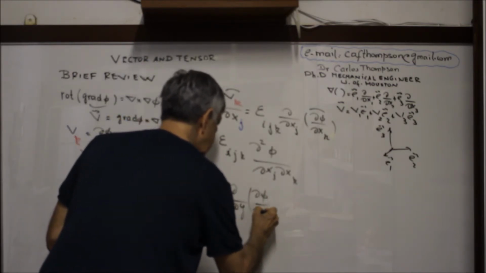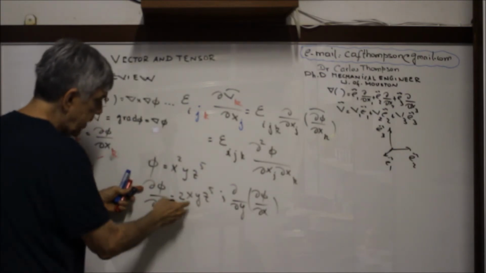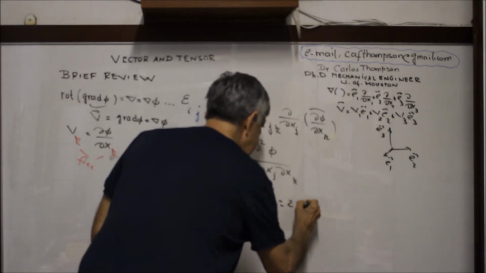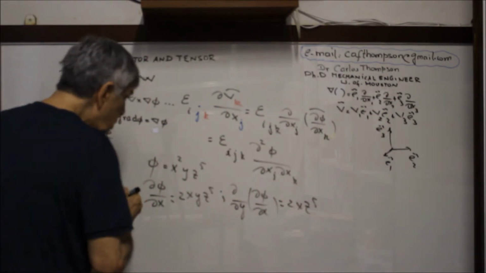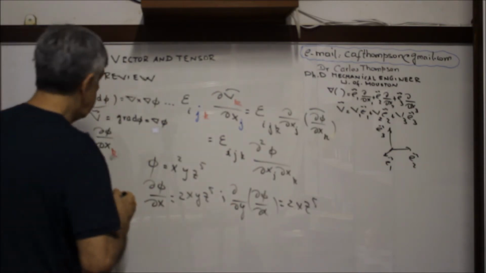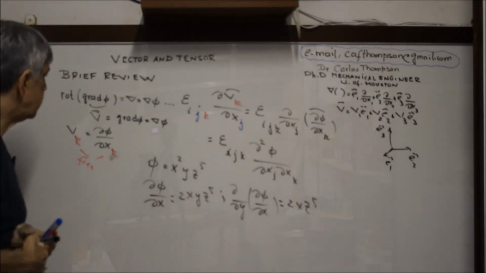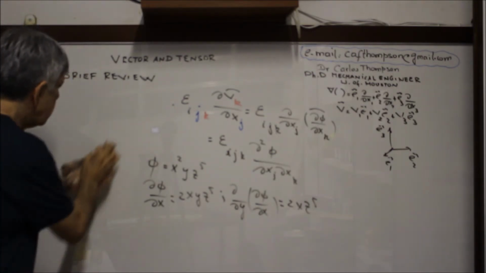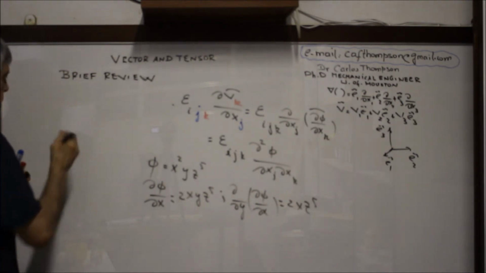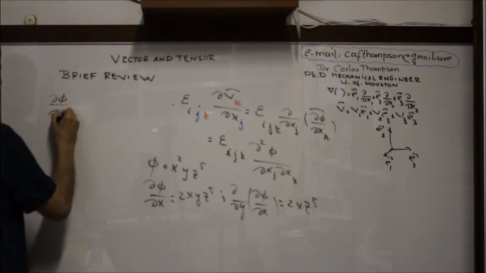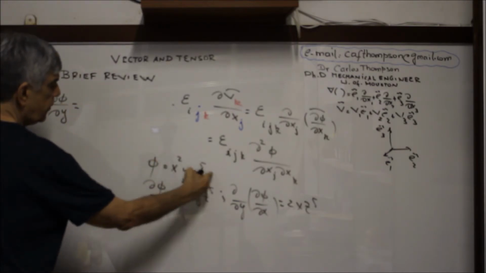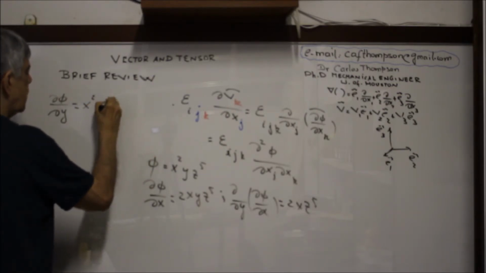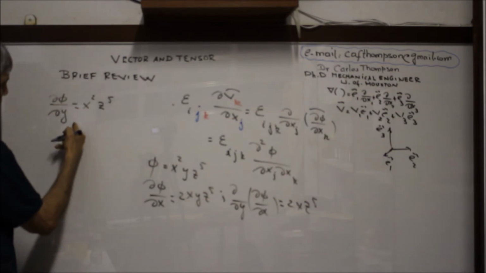Partial of phi with respect to y will be x²z⁵, because x and z are constant, because this is a partial derivative.